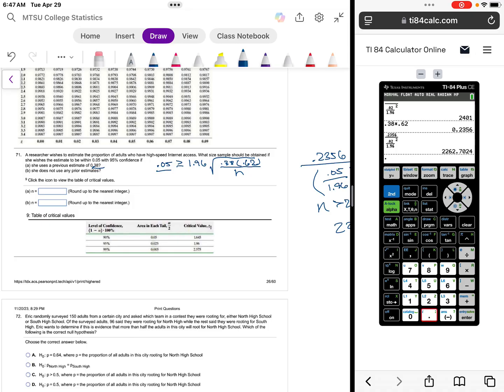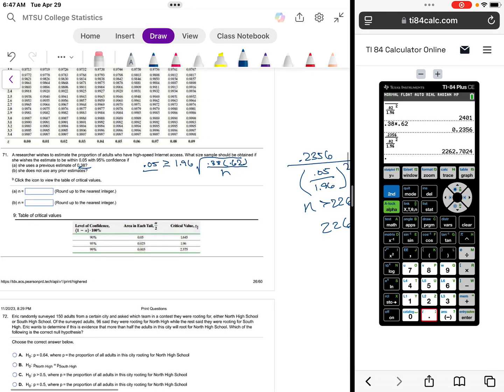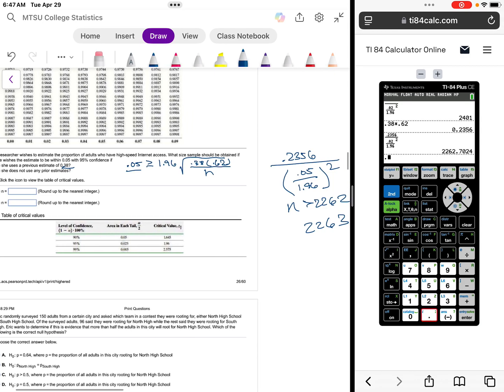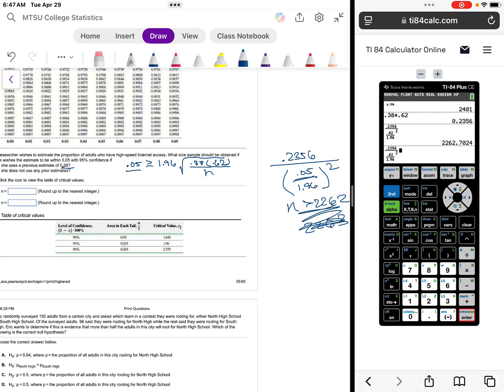All right. If she doesn't use any prior estimates, that means we got to use the 50% in there. Oh, you know what? Goofball. I did write down 0.05, but I didn't change to 0.05 in that formula. That's why it looks a little off. My bad. I didn't change the numerator of that part here, the bottom as well.